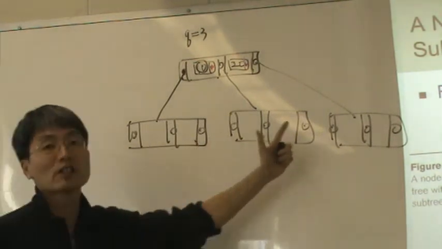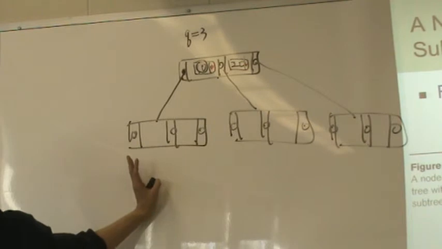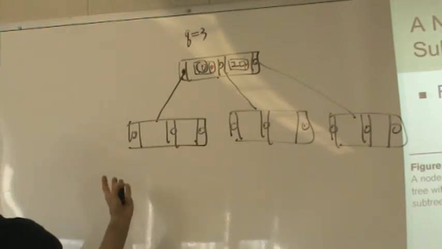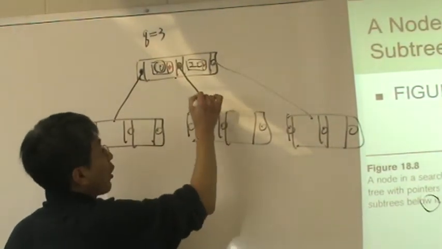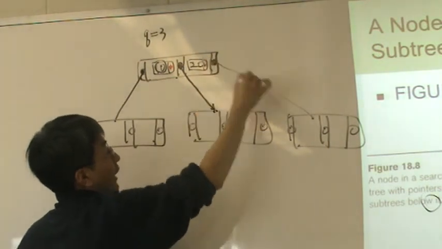But this time they are null pointers. Why? They do not have any children yet. This one is not a null pointer; it points to this one. It is the address of this block.